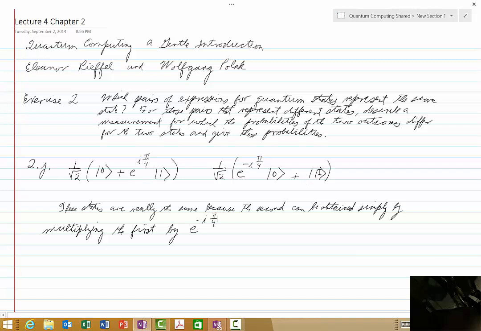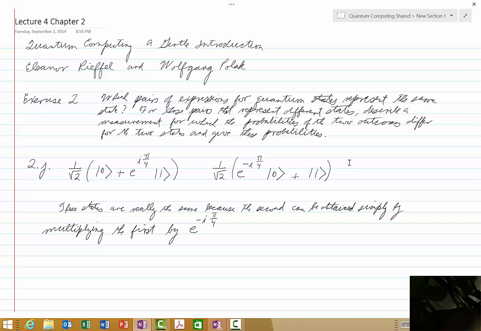And so indeed, just a moment's thought will show that these two states are the same. And in a case where the two states are the same, there's nothing else that needs to be done.